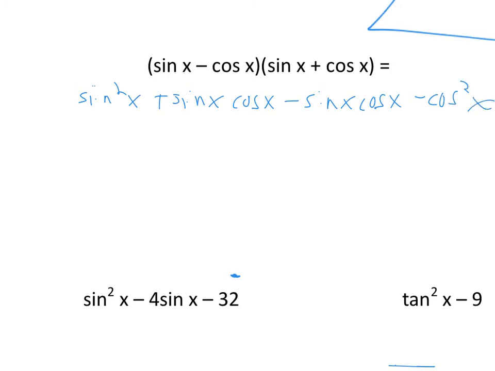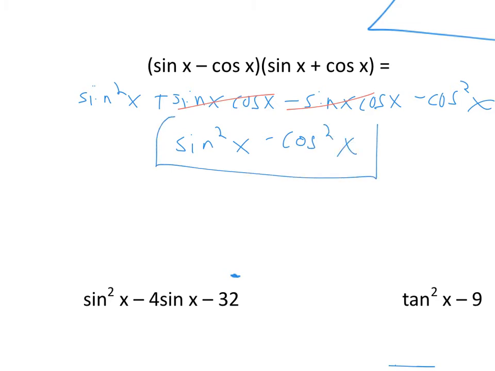Alright, now you notice that these things will just drop out, and what you have left at that point is just sine squared of x minus cosine squared of x, and that's about as far as you can take that for now. There's no other simplification for that. If you think there is, we'll get to one in just a minute.